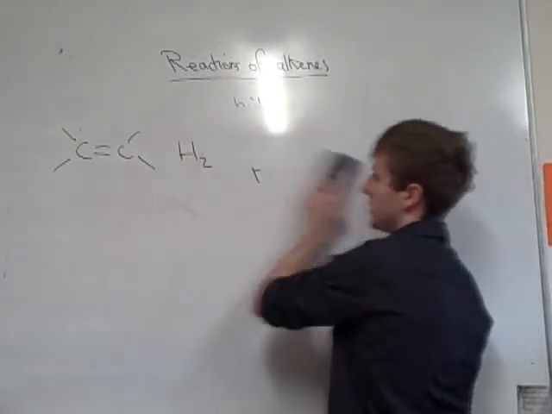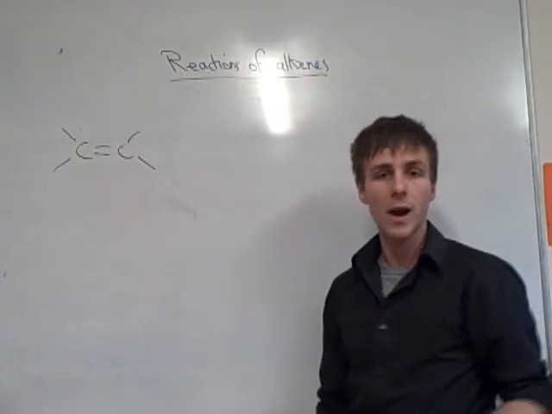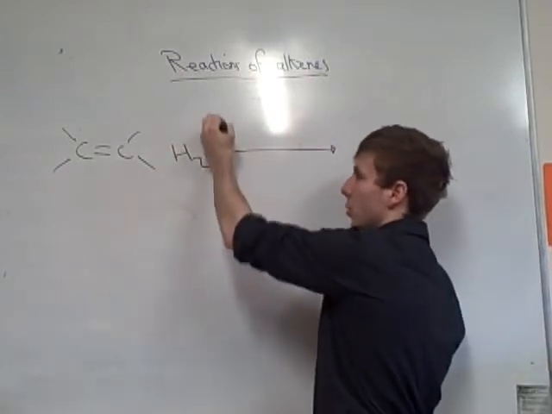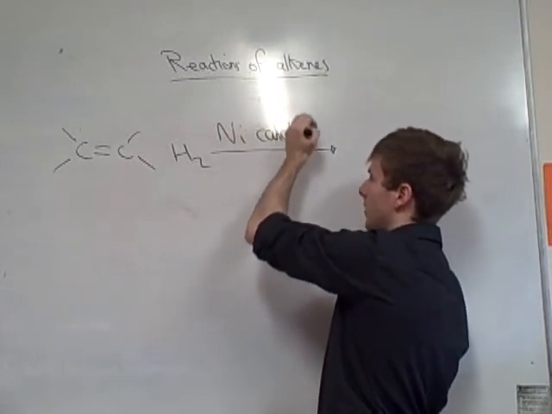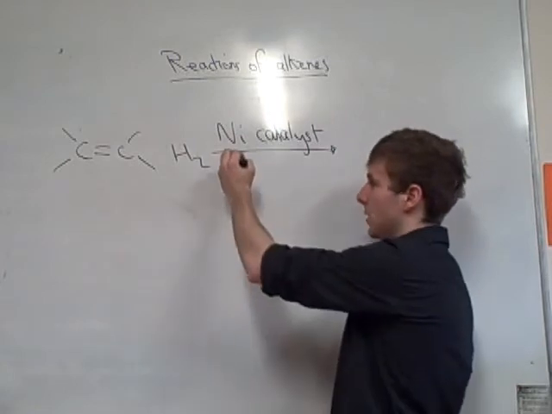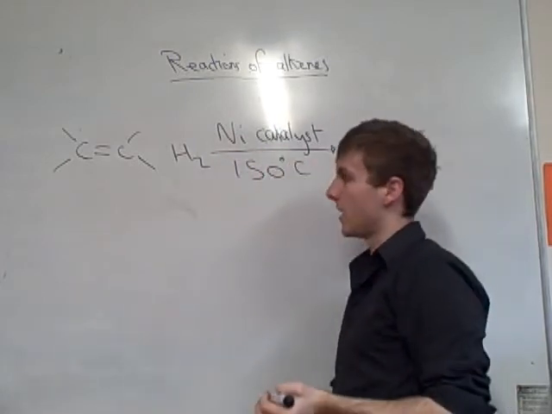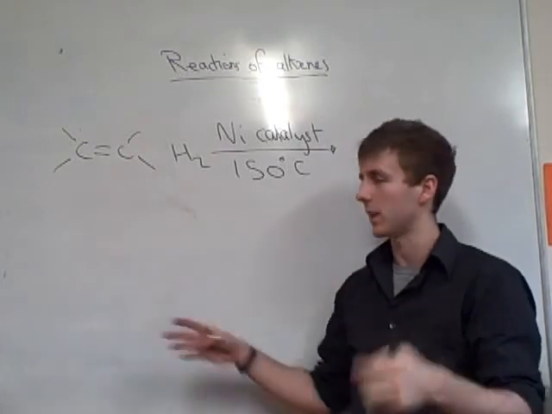The final reaction we need to know is the reaction of an alkene with hydrogen gas. And for this, we use a nickel catalyst. And for some reason, we need to know a specific temperature of 150 degrees C. And it works in roughly the same way. It's very complicated, but you can simplify it like this.